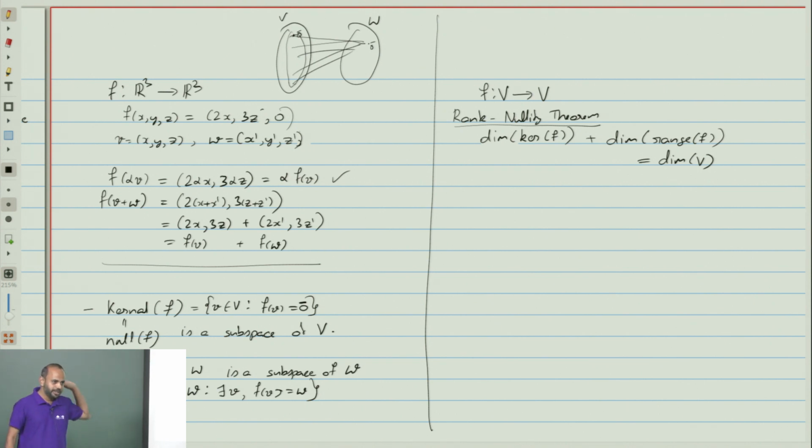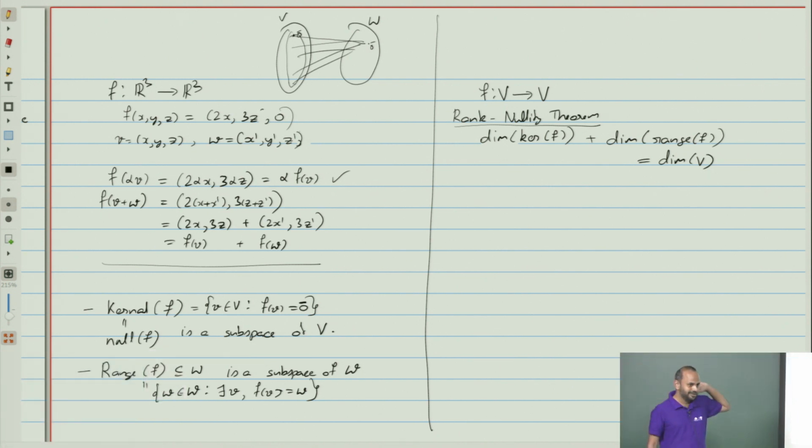This is a linear transformation from the same vector space to itself. No, it is not to itself, because the codomain might not be equal to the range.